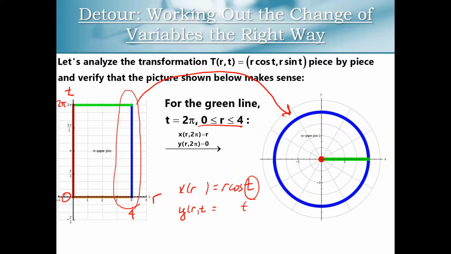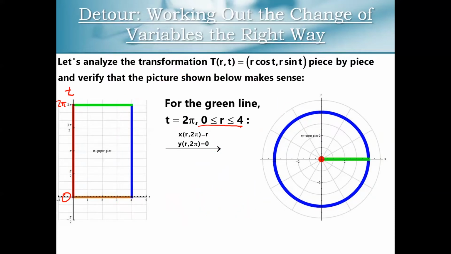So now let's try the green line. And for the green line, what do we have going on? Well, for the green line, r is allowed to vary from 0 to 4, but t is fixed at 2 pi. So you want to imagine plugging into r cosine t and r sine t.